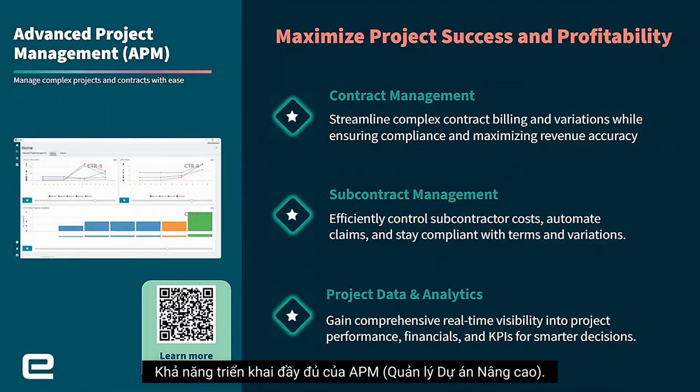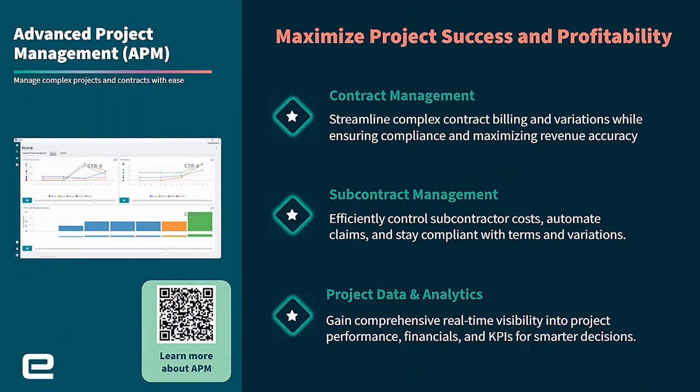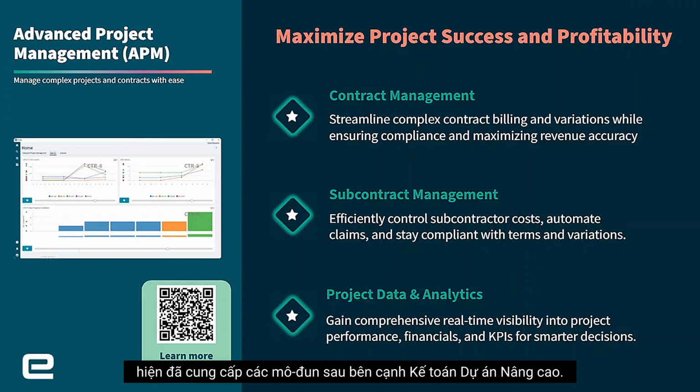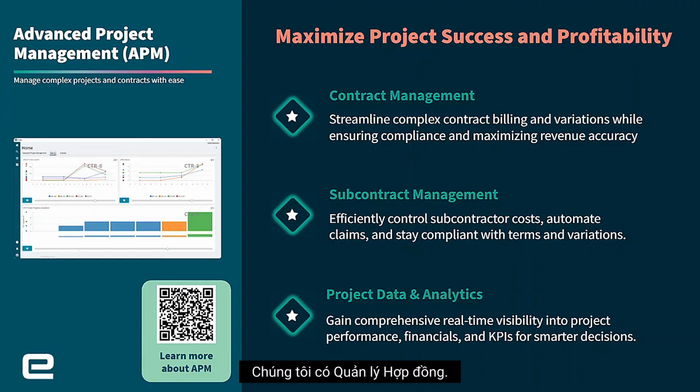Full availability of APM, Advanced Project Management. We're excited to announce availability of the full Epicor APM solution that now offers the following modules in addition to Advanced Project Accounting. We have Contract Management.